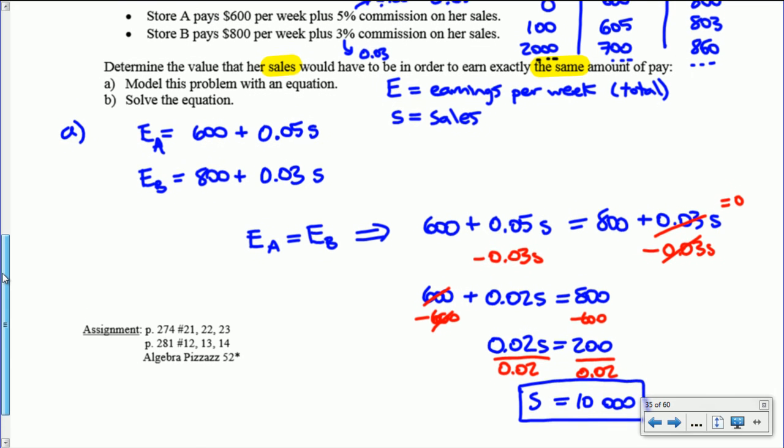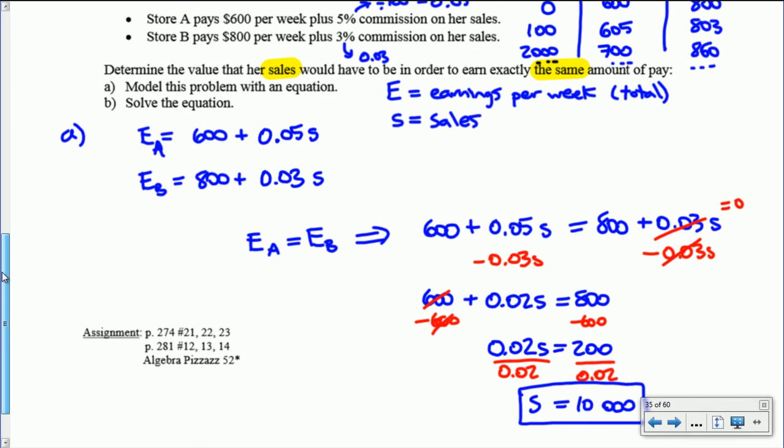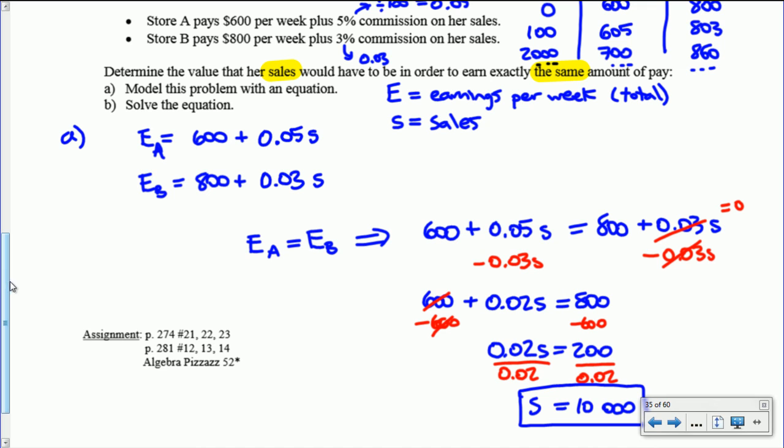If you sell less than 10,000, maybe just take a moment and think which would be the better store to work at. Would it be better to work at store A or store B if you typically sold less than $10,000 in merchandise?